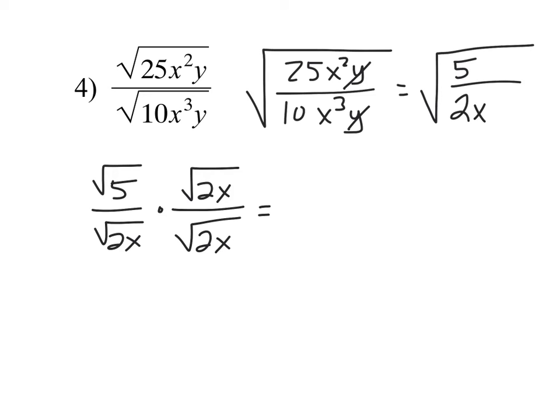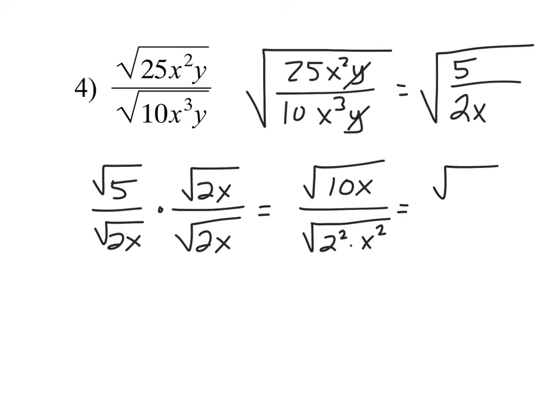So on the top, I get the square root of 10x, because 5 times 2 is 10. The x tags along. And on the bottom, I get the square root of 2 squared times x squared, because there are, again, two 2's and 2 x's. So when I simplify this, nothing comes out on top, because there are no powers of 2.